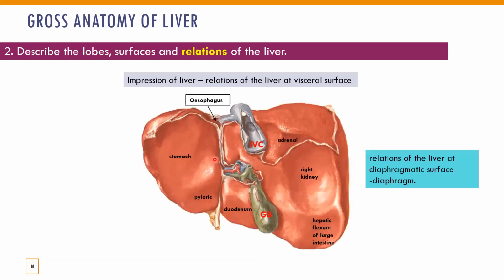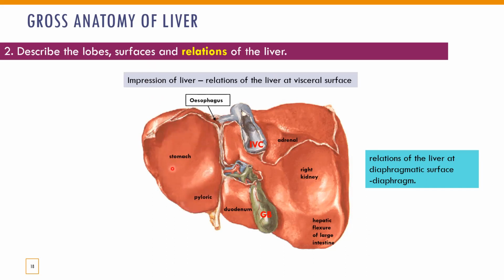Relations. The relation of the liver can be described based on the impressions that are present in the liver. So this is the left lobe. This is the impression for the stomach and the pyloric part of the stomach.